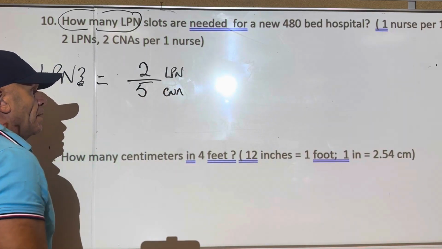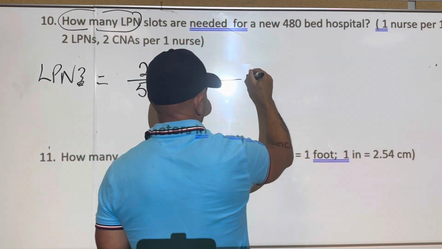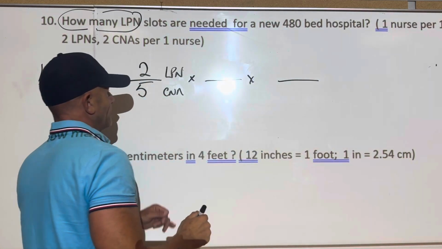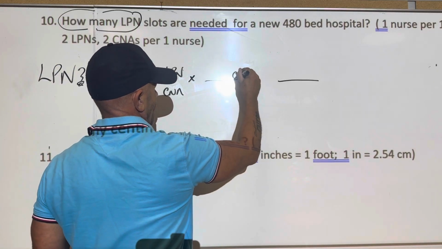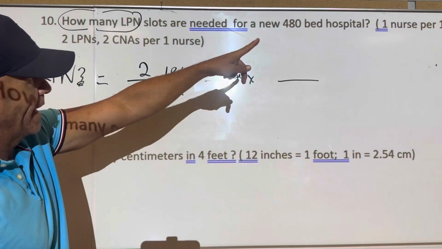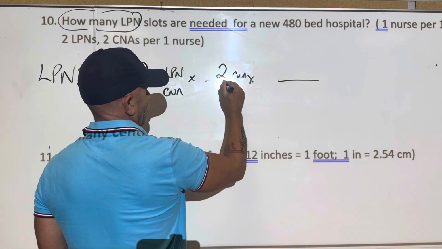Okay? All right. Well, what goes next? Where does this go? We bring it up there, right? So CNAs. Well, there's 2 CNAs per 1 nurse.